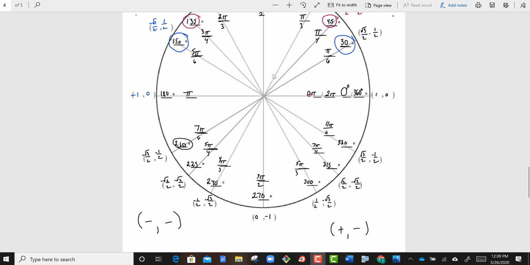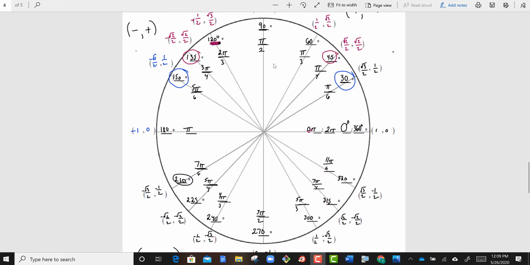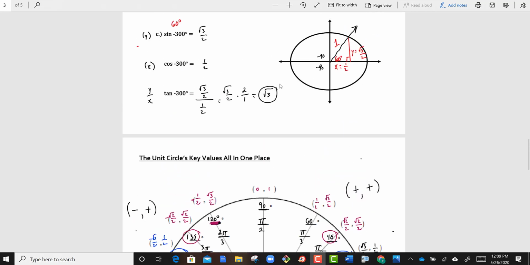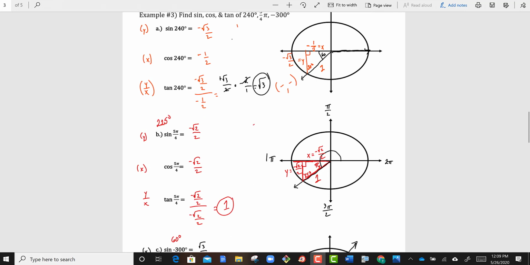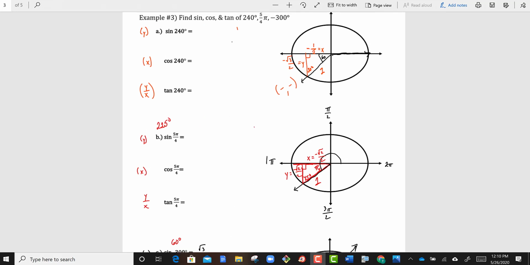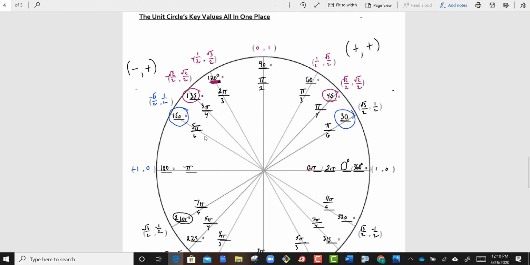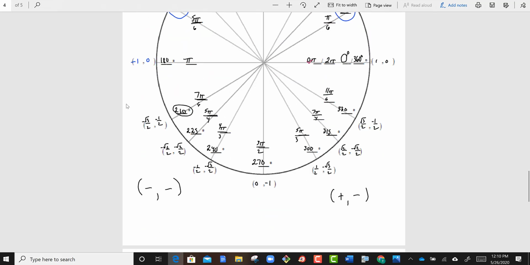So the really handy thing about this unit circle, once you have it all filled out, is now when we go back to a problem like we just covered, say we didn't have the answer of 240 degrees, if they ask us what the sine of 240 degrees is, well, we can just look at our filled out unit circle and find 240 degrees, and we see the y coordinate at 240 degrees is negative radical 3 over 2.